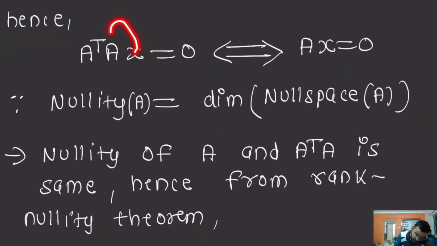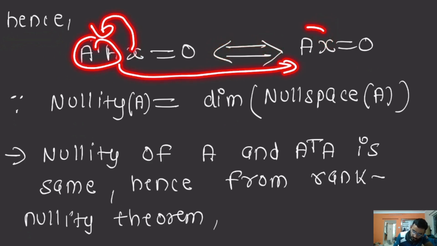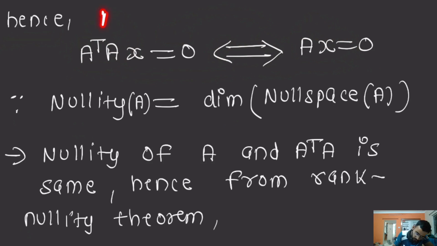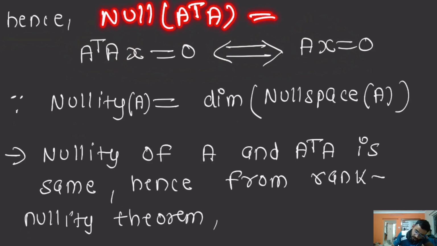If x belongs to the null space of A transpose A, then x also belongs to the null space of A, and similarly vice versa. Hence we get that the null space of A transpose A is equal to the null space of A.